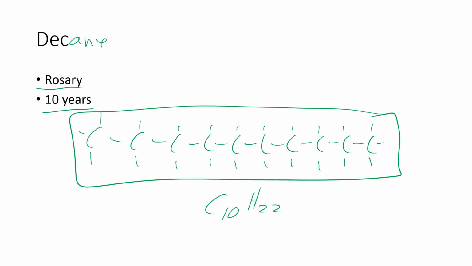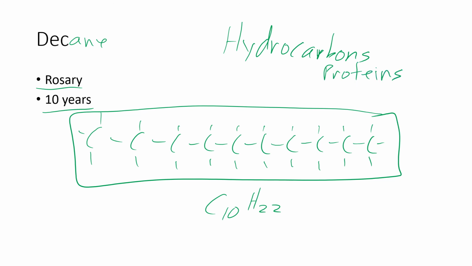And a big deal with all of these hydrocarbons is that now hydrogens can be taken off and other molecules substituted in there. So when you keep studying what living things are made up of, like you're made up of proteins, which form a lot of your structures. You burn carbohydrates.